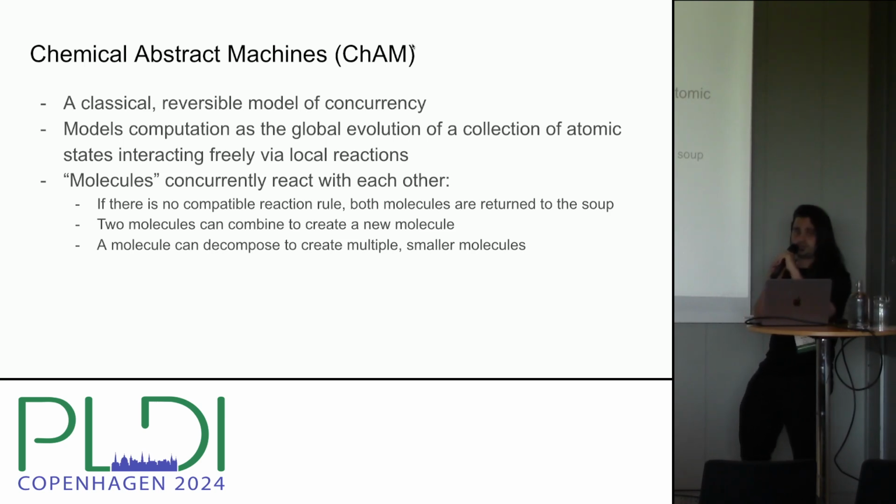So these molecules can essentially collide, like think of an actual chemical solution where molecules hit each other and go into a reaction or not based on compatibility. If they're not compatible, the molecules will just return to the pool. And if they're compatible, they can combine to create a new one with higher amplitude, or a molecule can decompose to create multiple smaller ones, which isn't all that applicable here.